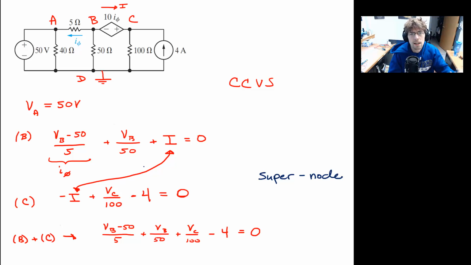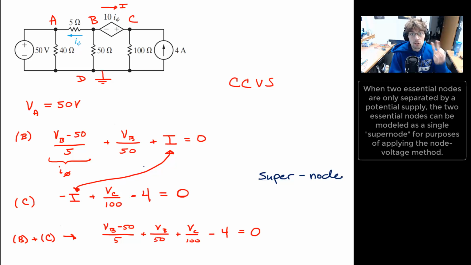It helps you write down the equations faster. Now here's the case. Okay, I said a particular circumstance. Here's the specific instance when that circumstance arises. Anytime you have two nodes separated by a potential source, and I should say only a potential source.